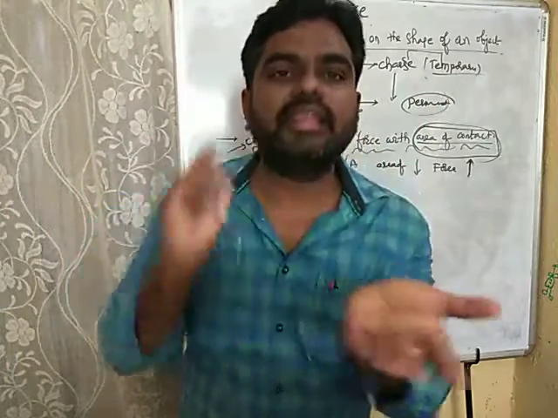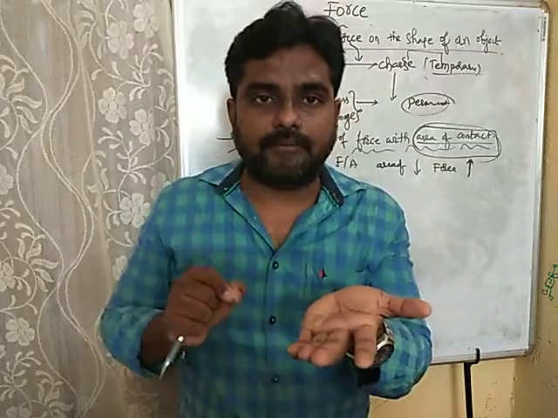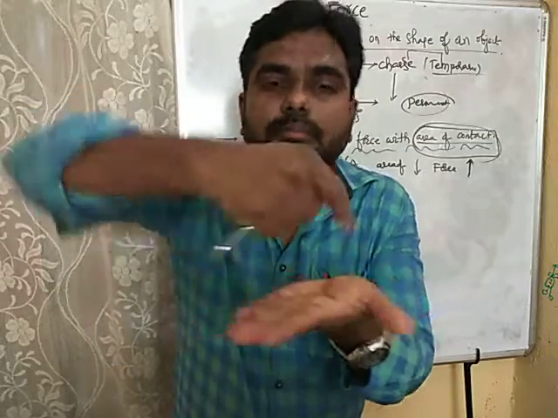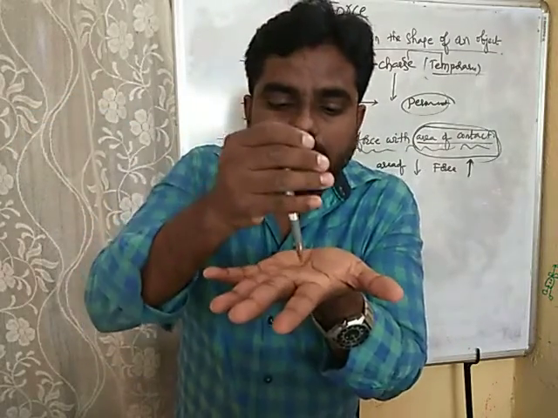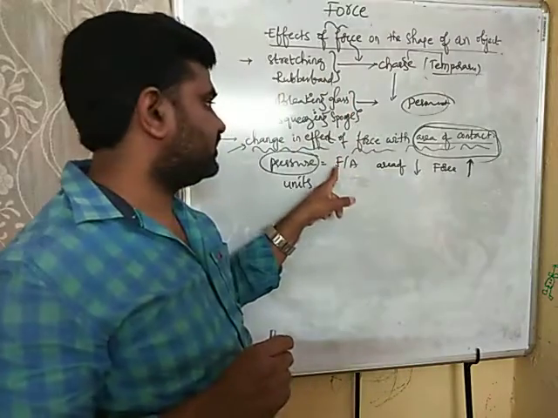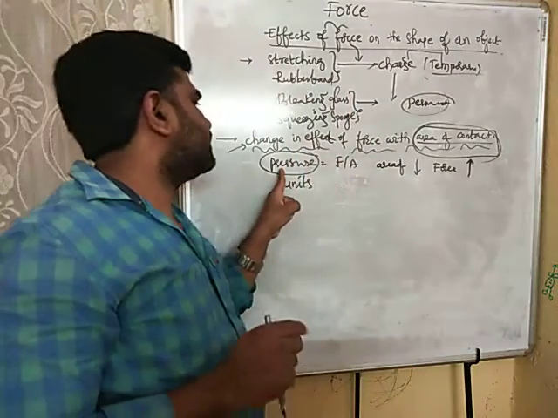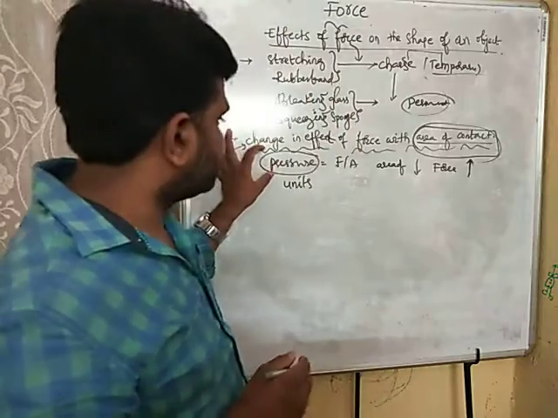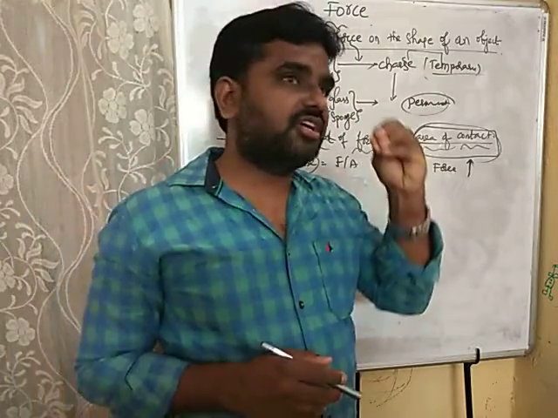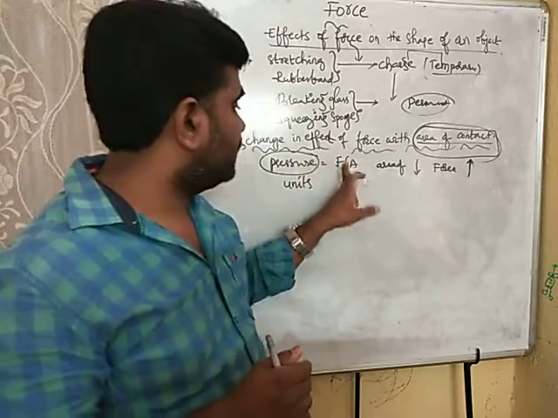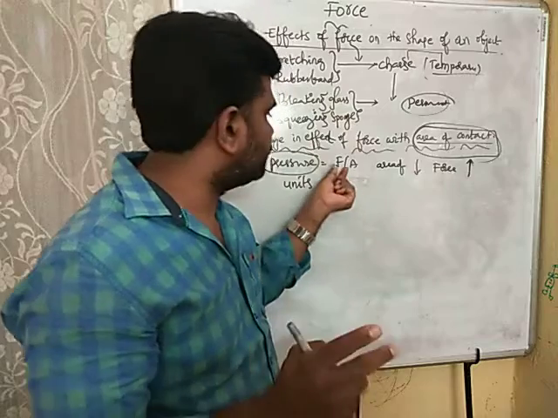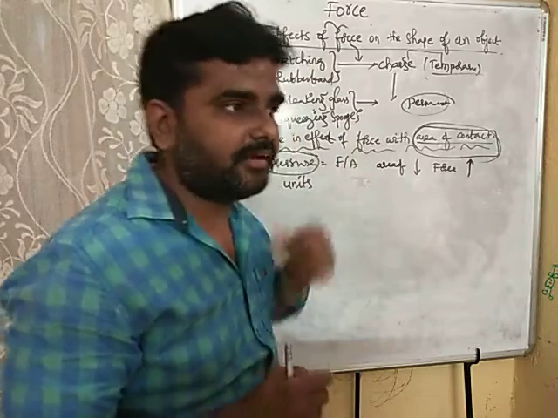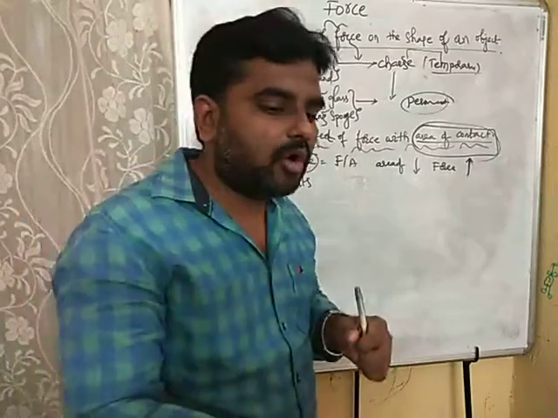Exactly on a small area, but not completely on my palm, isn't it? So on a particular area the force is acting, so it comes under a new term called pressure. For pressure there are two words to be used: one is force and the second is area. So what is the relation among these three?